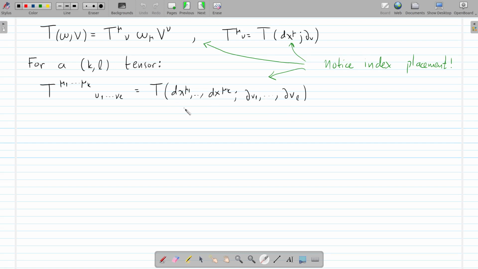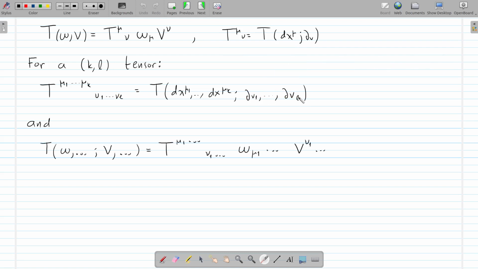Then any combination of those choices will give us the respective component of the tensor T, which we now see has k indices upstairs corresponding to the first slots and l indices downstairs corresponding to those slots. Then the action of this tensor on any set of one forms and set of vectors will be given as a linear combination of the components of the respective one forms and vectors and the components of the tensor, defined by this relation.